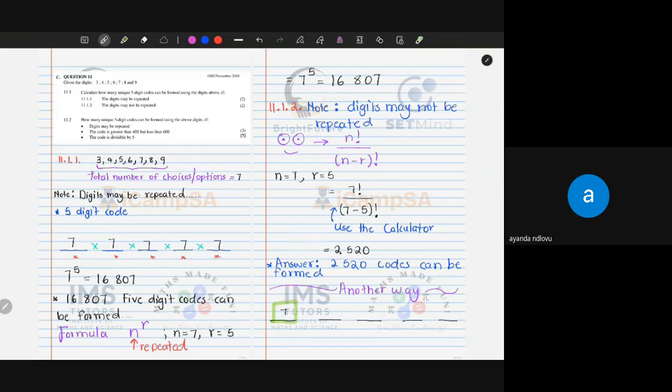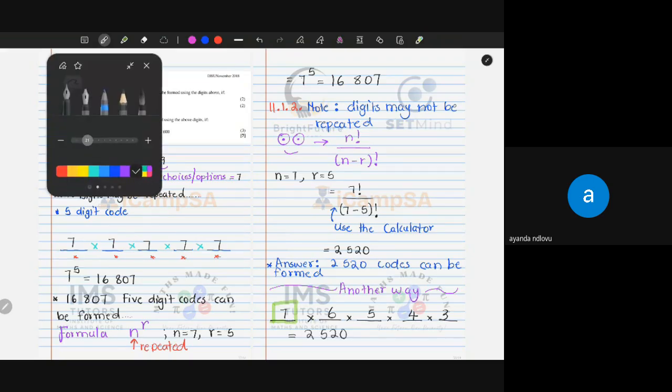Yep, I'm going to choose it from 7. And the second number? From 6, then from 5, from 4, and then from 3. Can you guys do the maths here and tell me what you get? 2,520. Are we all smiling?